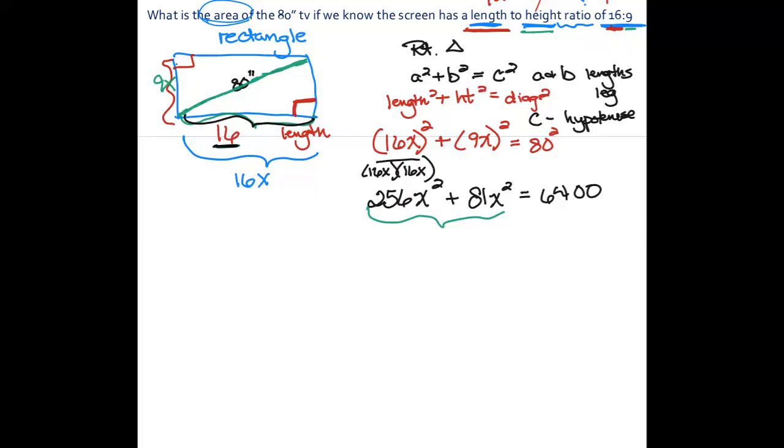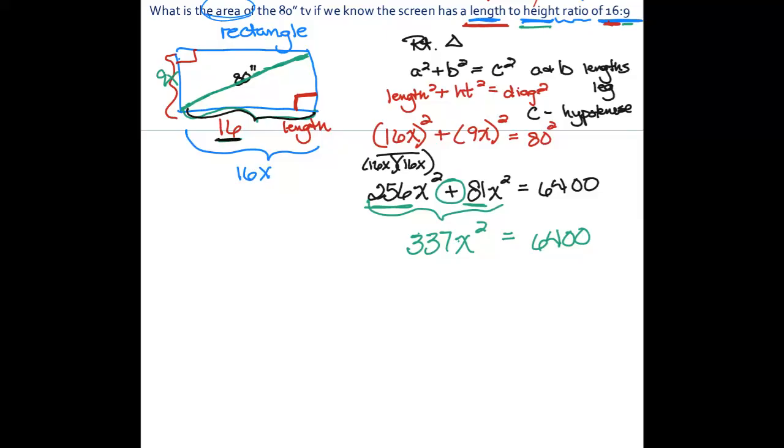You have some calculators around. When you add these together, you only add the coefficients. The x squared is like the last name. It's the type of thing that you have. So that is 337x squared equals 6,400.